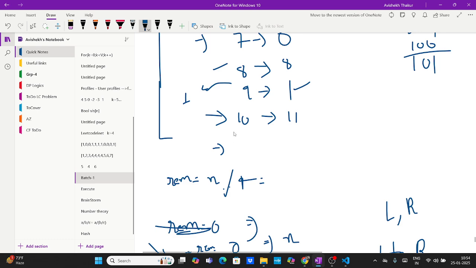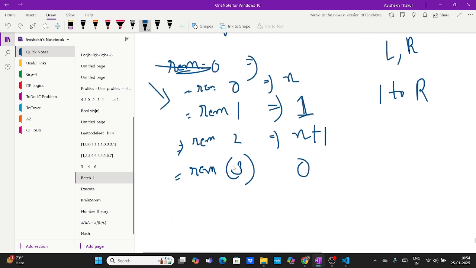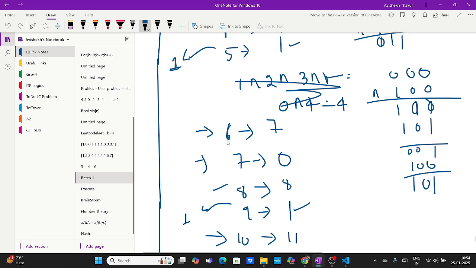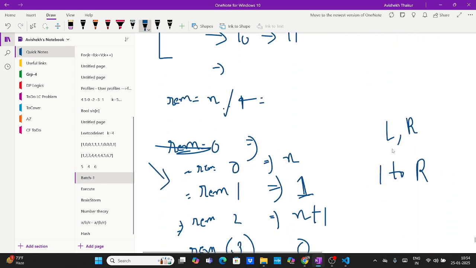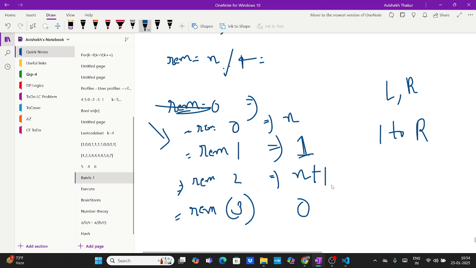If I write further also, you will see this pattern again repeating. So if I say 1 to R, can you do it in big O of 1? R modulo 4, and then you are done with the value, correct?